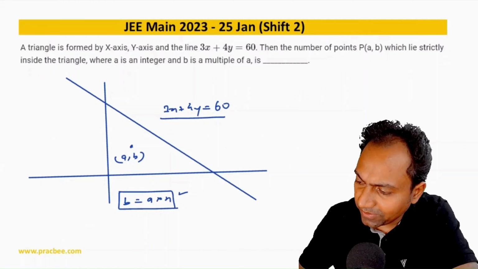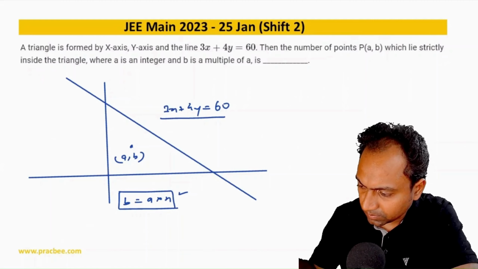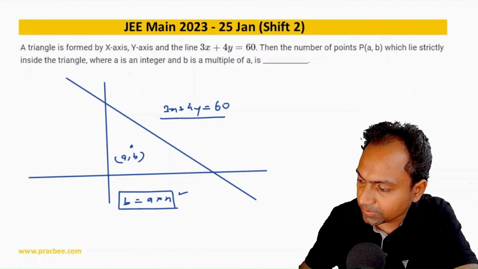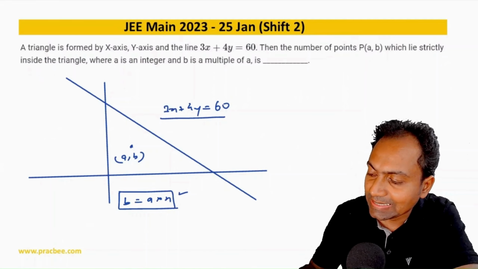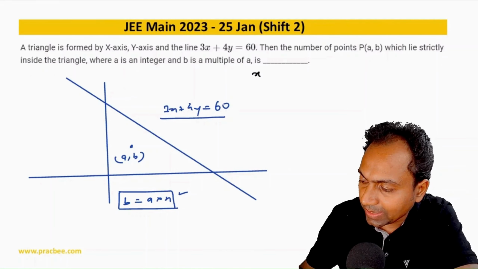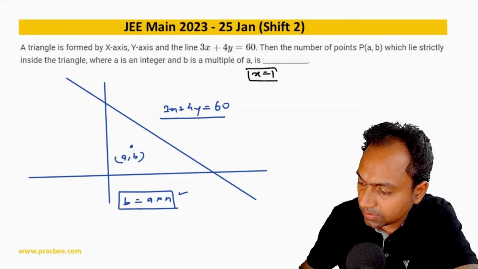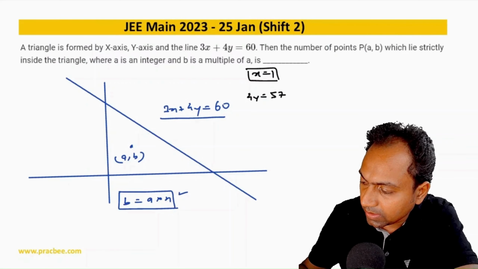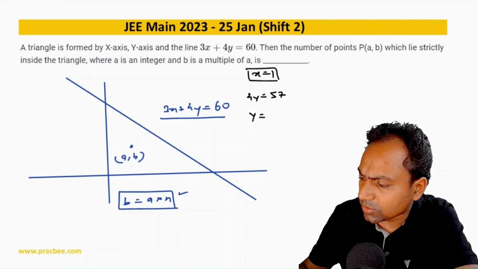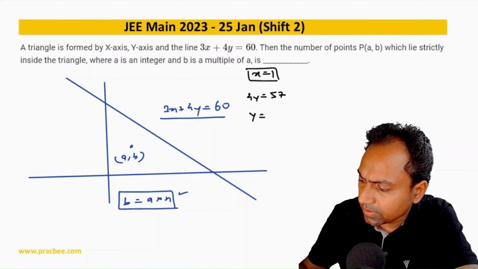So a very simple way of doing this question would be to start putting values of x, because we want points which lie strictly inside the triangle. If I put x equal to 1, in that case 4y will be equal to 57, and the value of y approximately comes out to be 14 point something.